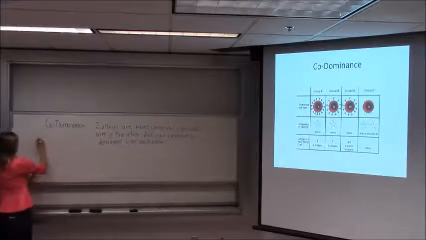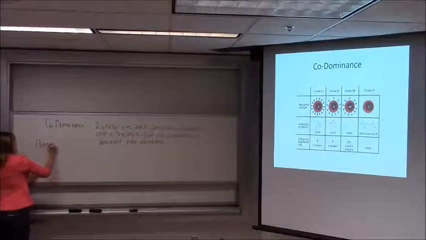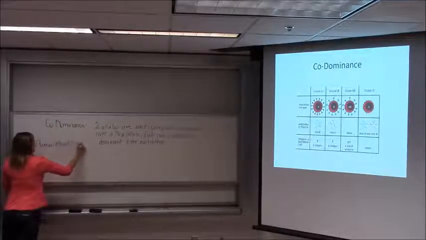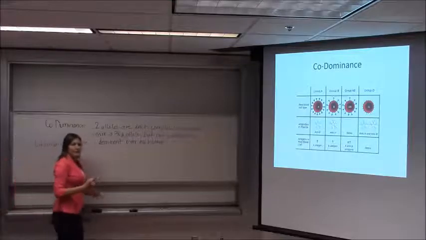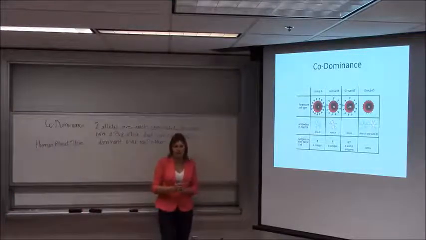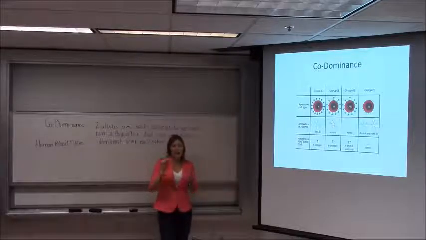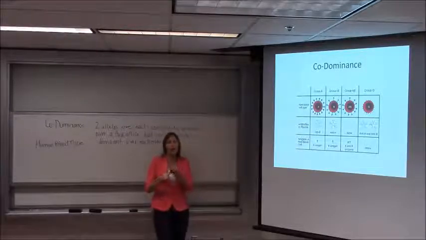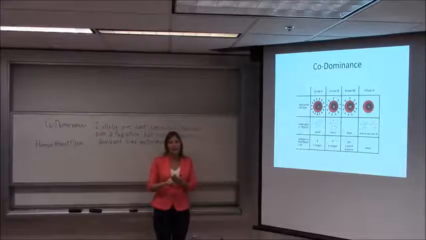Human blood type. We're talking about some cell surface markers that occur on red blood cells. You either have type A markers, type B markers, no markers, or both A and B markers.